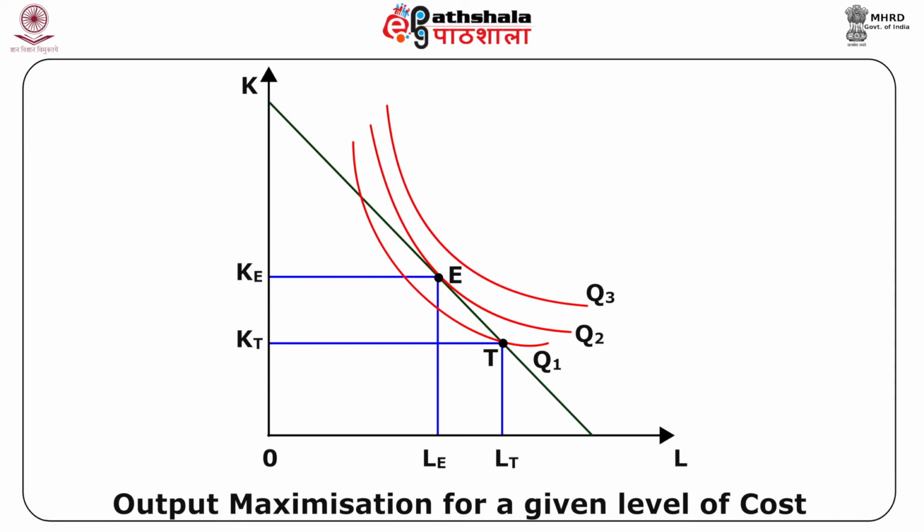That is, the firm can use LE and KE to produce Q2 level at the same cost as Q1. This is achieved at point E, where the ISO quant and ISO cost line are tangent to each other and the least cost input combination is achieved. Note, a higher output level Q3 cannot be achieved with cost C star.